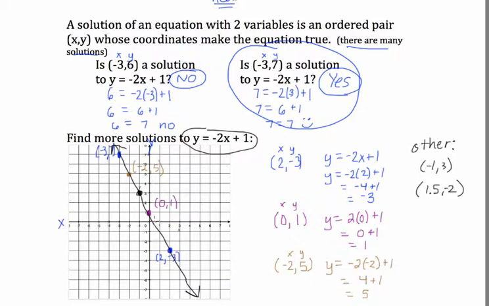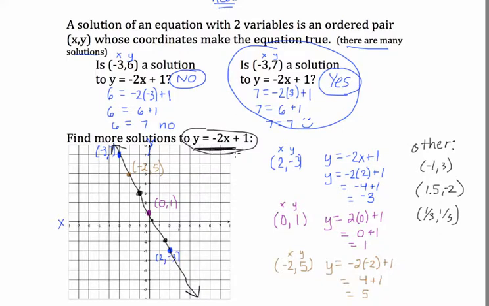So x is 1.5, y is -2. Another one, a fraction example, 1/3, 1/3. X is 1/3, y is 1/3. My line isn't very straight, but it's right about there. Anything on this line will make this equation true.